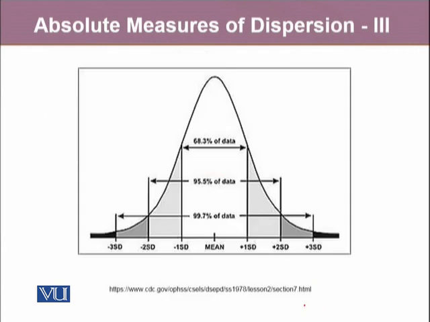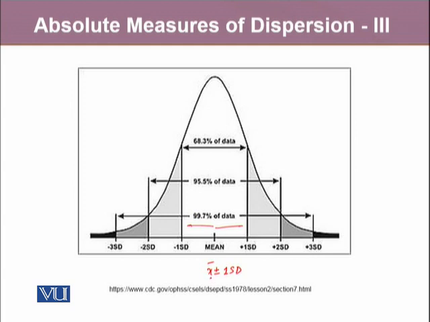There's this very interesting fact about the use of standard deviation when our data is very symmetric. That if X bar represents our mean, then if we go just 1 times the standard deviation away from this mean, it will account for 68.3% of the data.